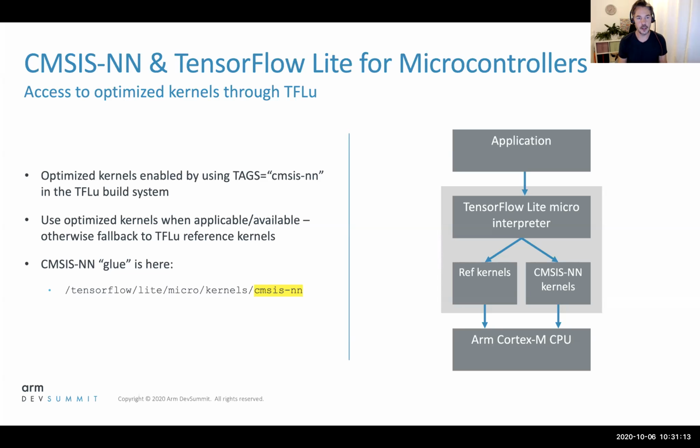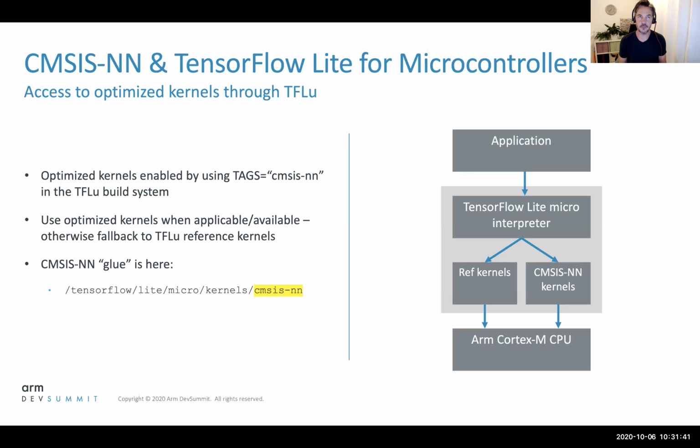And how do you enable these kernels? That is done by using a mechanism in the TensorFlow Lite Micro build system called tags. So you basically set tags equal to CMSIS-NN, and that will dispatch the compute to CMSIS-NN kernels where they are available, and use reference kernels if there are no optimized CMSIS-NN kernels available.